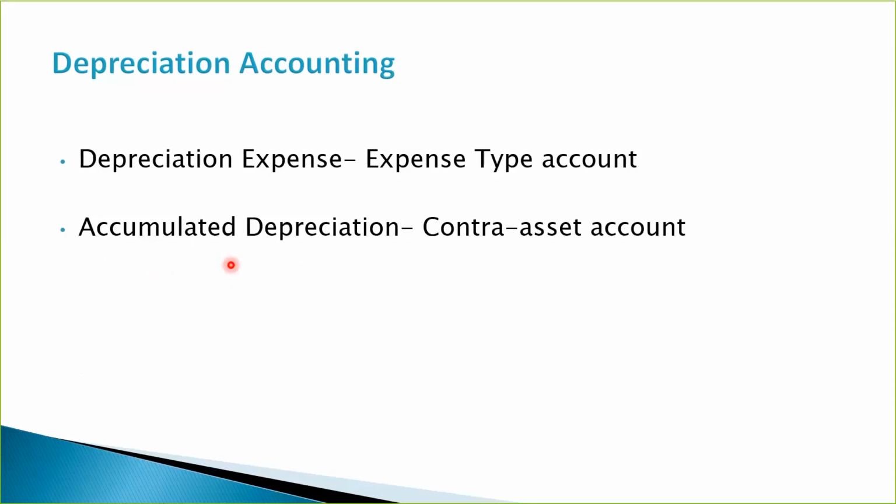It contradicts those rules of the asset account. So it will have a credit balance. All right. So these are the two accounts that are involved when we are doing accounting for depreciation expenses.